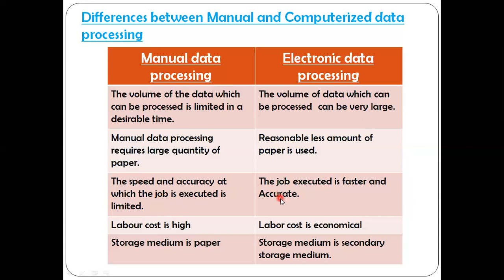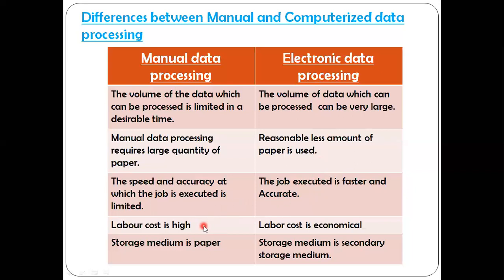But in electronic data processing, the job is executed faster and more accurately. In the beginning it is fast and accurate, and at the end of the processing also fast and accurate. There are no variations at all in electronic data processing.